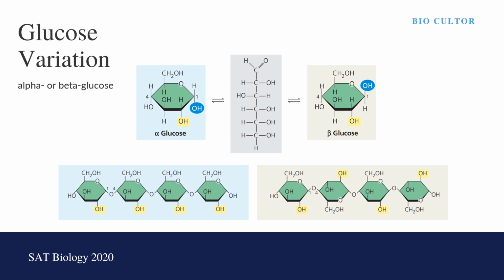As a result of which, this leads to differences in the types of bonds between the two monomers. In other words, if we look at the diagram at the very bottom, we will see that if our polymer is made of beta-glucose, then beta-glucose monomers are located upside down relative to their neighbors. And as for alpha-glucose, when forming a connection, they do not change their location in space.